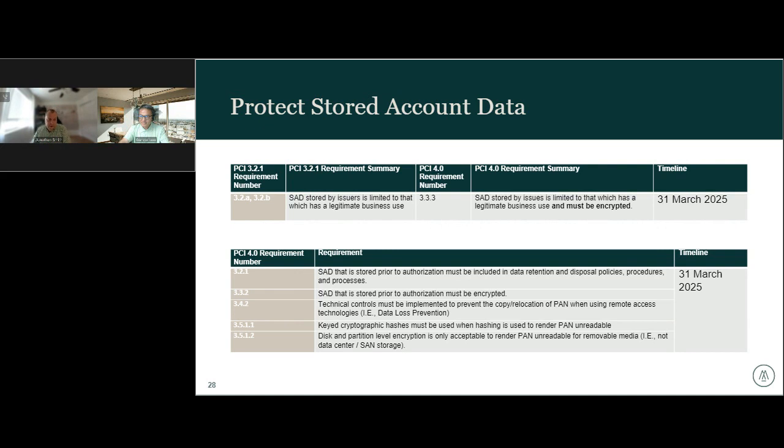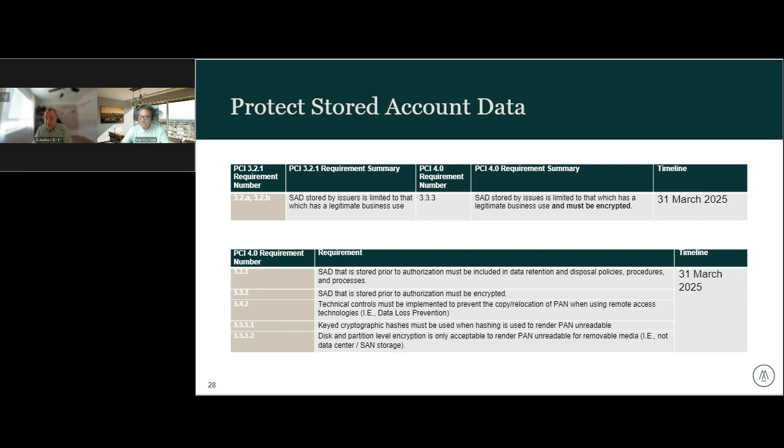So the first brand new requirement, requirement number 3.2.1, is the SAD, which is sensitive authentication data. That is the track, CVV, PIN data. If that is being stored prior to authorization, entities need to include that in your data retention and disposal policy, procedures and processes. Basically, don't forget that you're storing that data if you're storing it before your authorization.